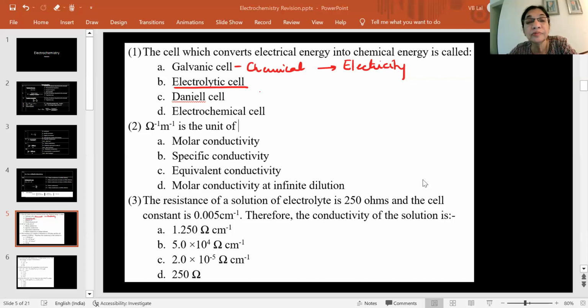Tell me the answer. Read out the answer to me. What do you think? Ohm inverse and centimeter inverse is the unit of?